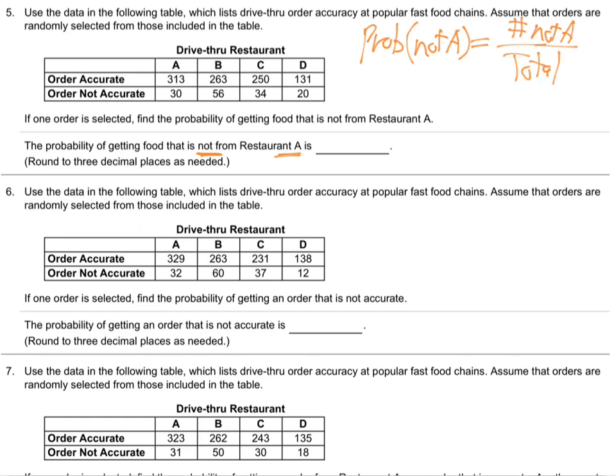Remember how probability always has the total on the bottom? We just need to find the number in that table that are not restaurant A. It doesn't matter whether they're accurate or not accurate. That's not important on this question. We take them all.